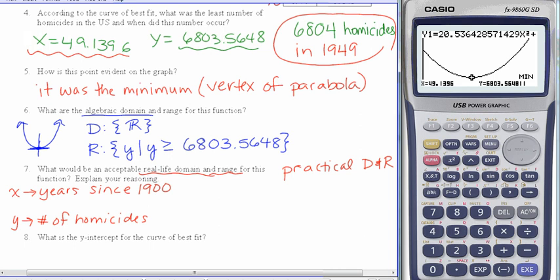So really for this one, a real life would be maybe, the years should be between maybe 0 and 100-ish. That would take us up to the year 2000. You could have a smaller window than this. Just realize that x is the years. Y is the number of homicides. So y should be positive.